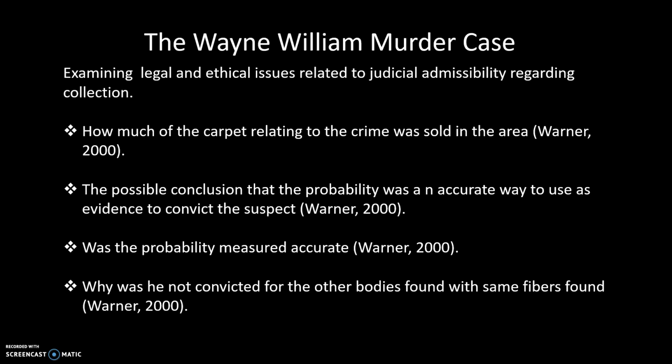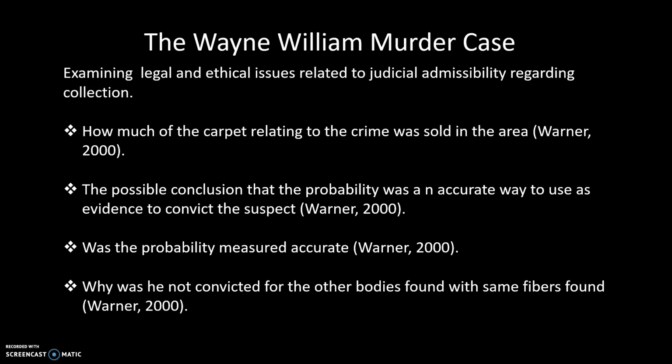All right, examining legal and ethical issues related to the judicial admissibility regarding the collection. One of the issues was how much of the carpet relating to the crime was sold in the area. So a lot went into where the carpet came from, looking under the microscope to find out if it truly matched the carpet in Wayne Williams's room. The second way is the possible conclusion and the probability of an accurate way to use evidence to convict the suspect.